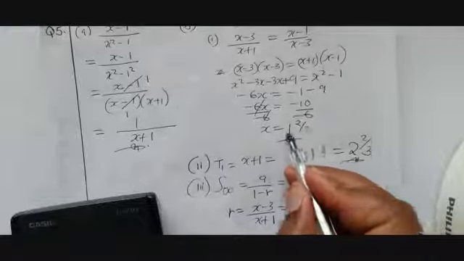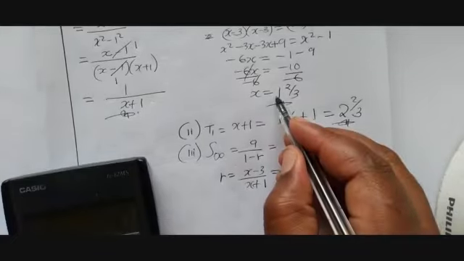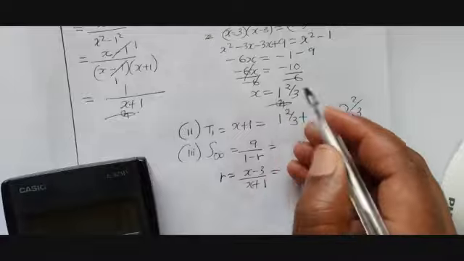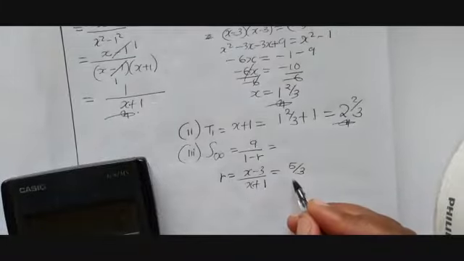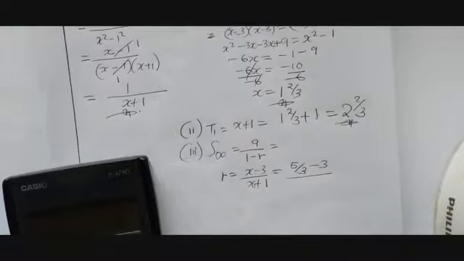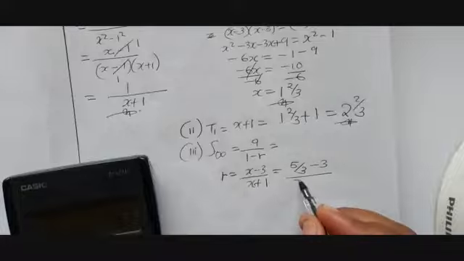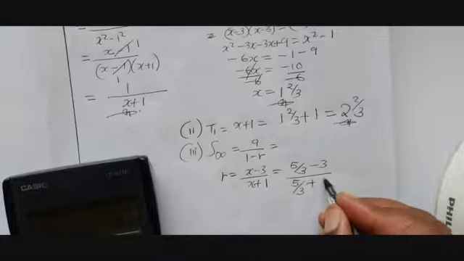If you want, you can convert it into an improper fraction. 3 times 1 plus 2, you have 5 over 3. Minus 3, divided by, here again you have 5 over 3 plus 1.